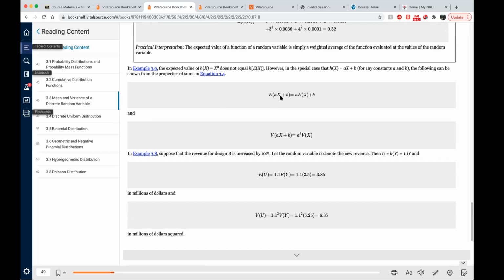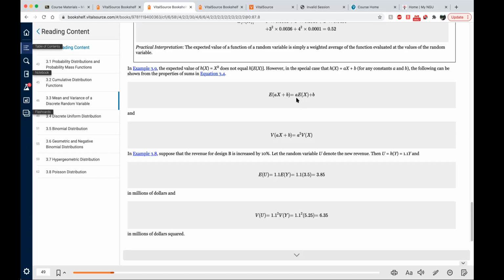Completely separated, a and b can be taken out of the E, so a times E of x plus b. A function that satisfies this property is said to satisfy linearity.